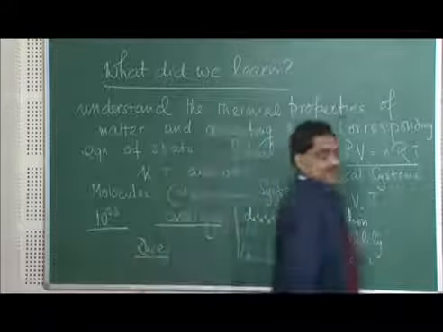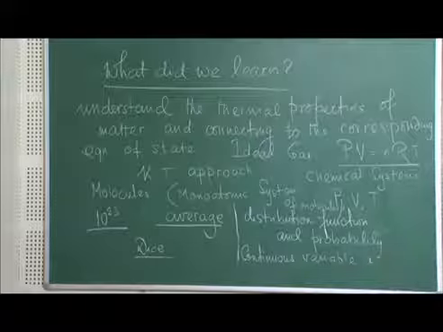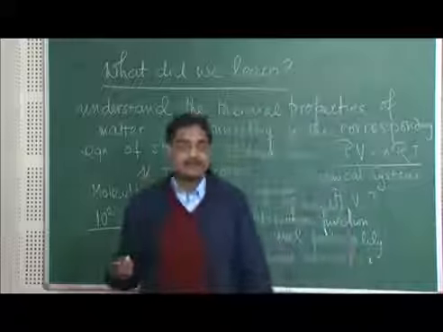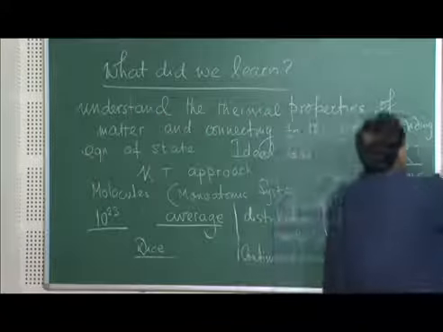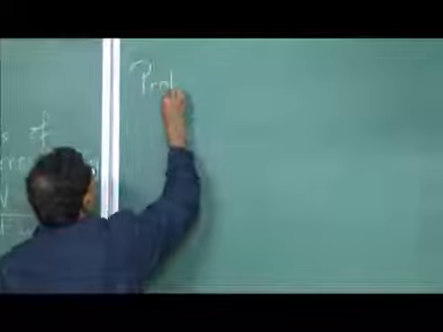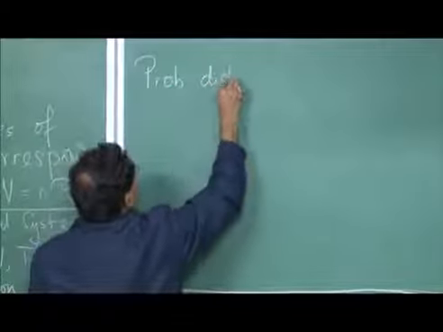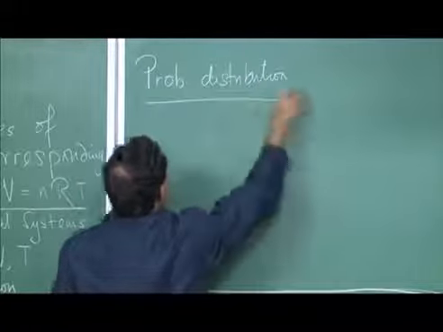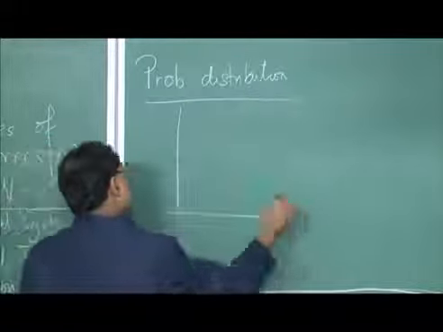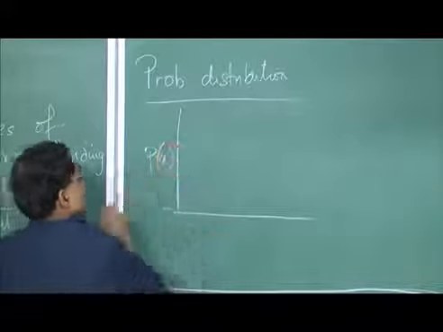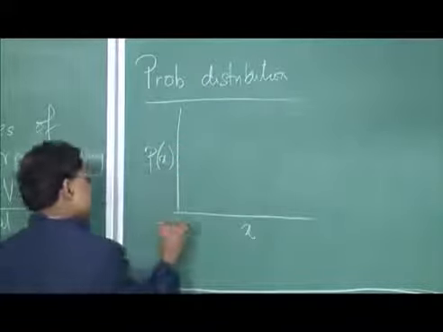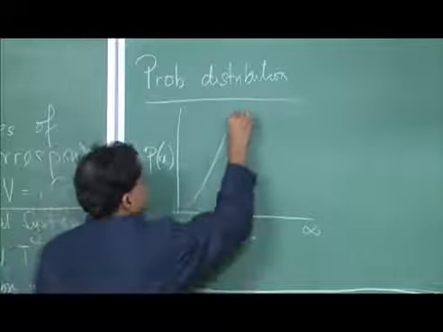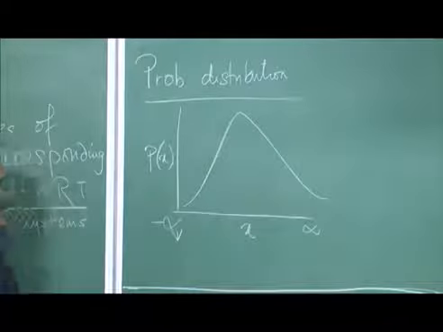This can take any value, in an idealized situation, from minus infinity to plus infinity. And there is a probability distribution which I can draw for you. For example, P(x) as a function of x, with x ranging from minus infinity to plus infinity, takes some shape like this, let us say.